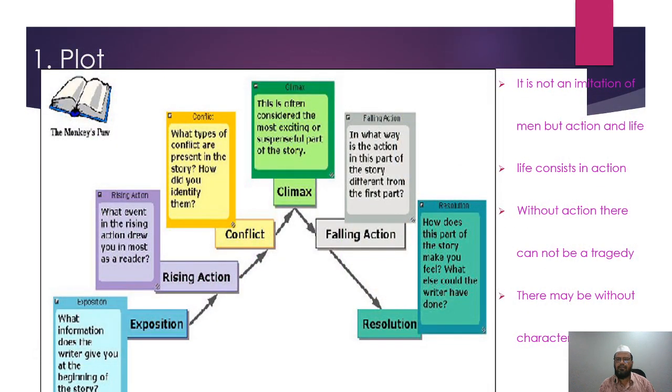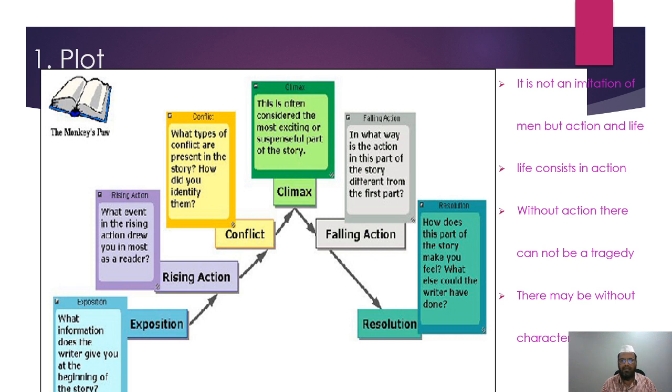Let us deal with each of these constituent parts elaborately. So the first constituent part is plot. Here an attempt has been made to classify the plot into several sub-components.